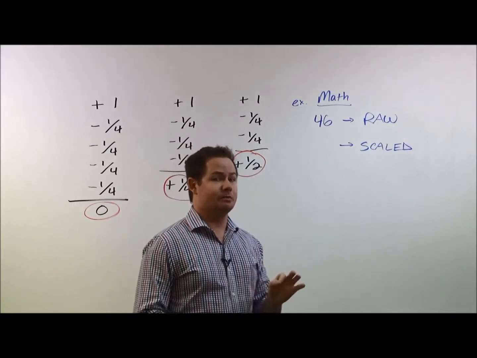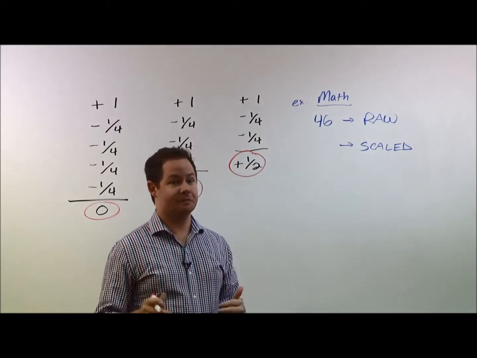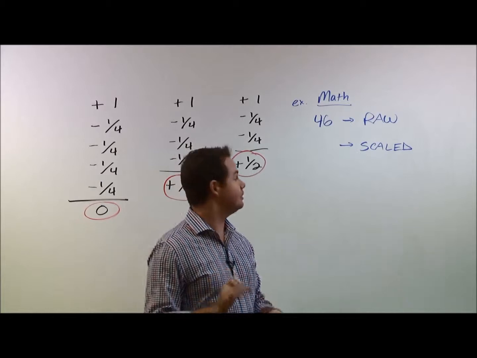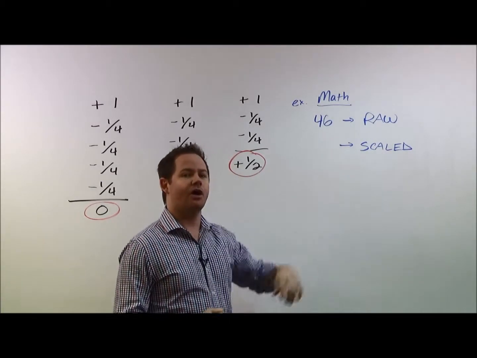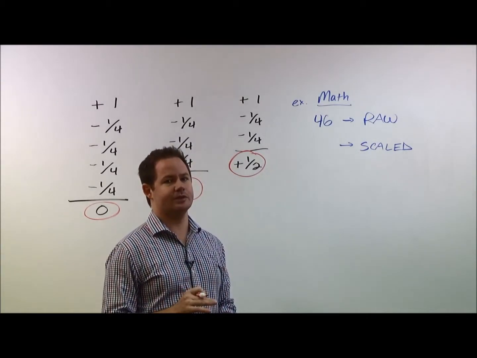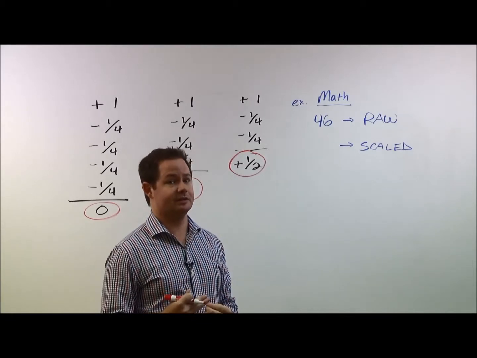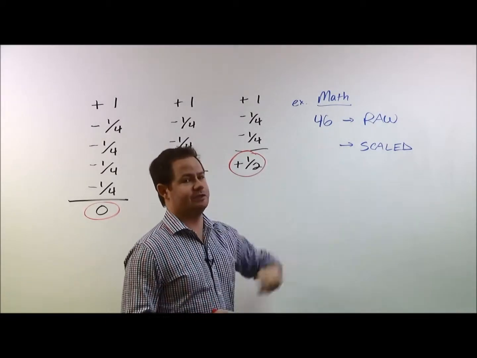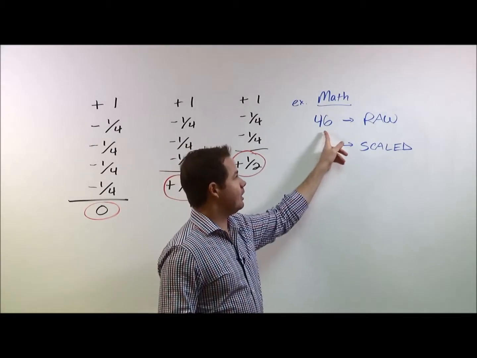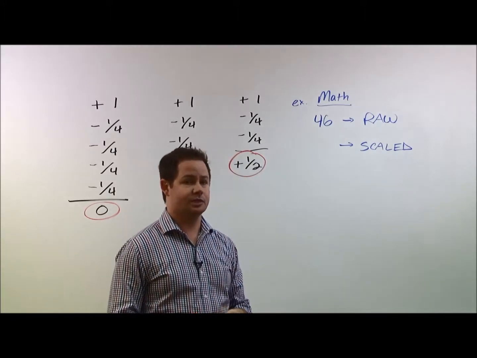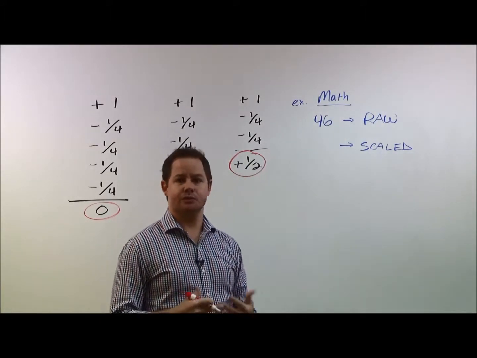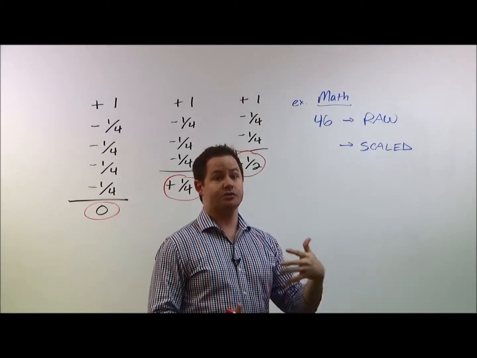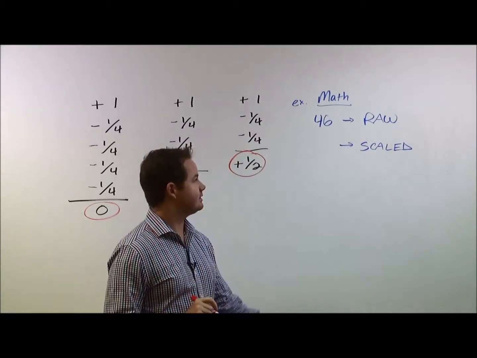Now let's assume, and this is a very big assumption to make because it's extremely difficult to do, that we were to get all 46 of the 46 questions that we chose to answer on the test. Let's say we got all 46 of them right. That would give us a raw score of 46, which is still very strong, but for students with a target score, let's say 700 and above, let's take a look at what that scales to.